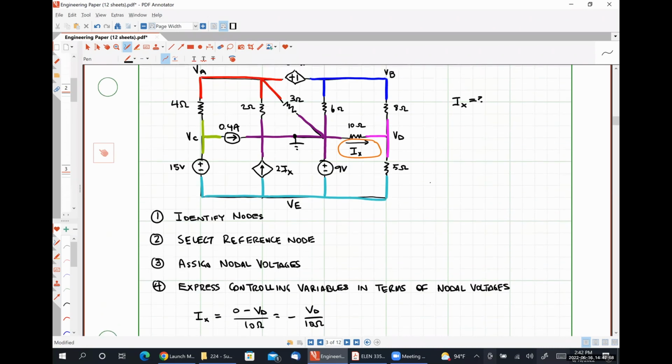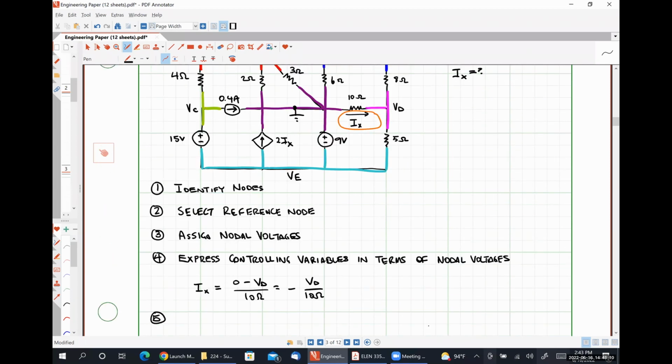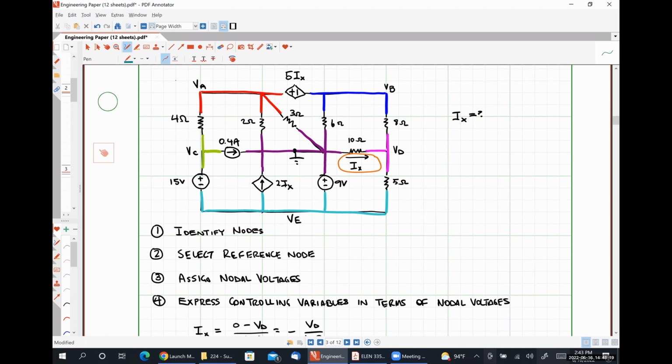So let's start at node A. So at node A, I'm going to be adding the following currents together, right?